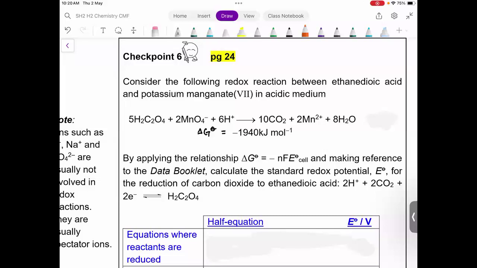I don't know the unit. Why is F not a unit? Faraday's constant. This one is energy per charge, right? No, E naught, electromotive force. What is it? It is voltage, right? Voltage is joule per charge. Ask your physics teacher.